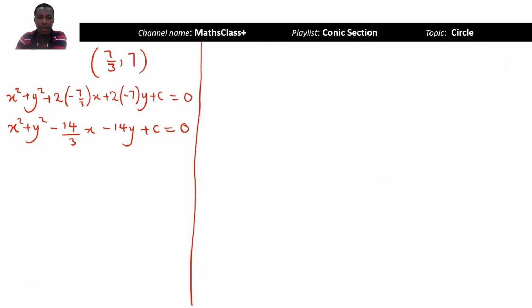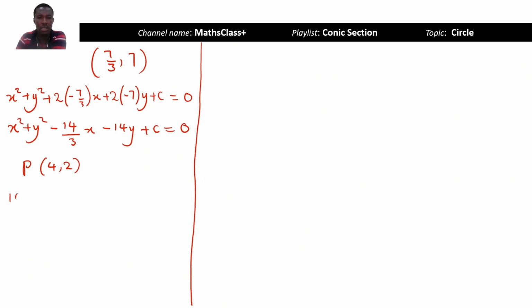Now I also have the point P(4, 2), and because it is on the circle, it satisfies the equation.